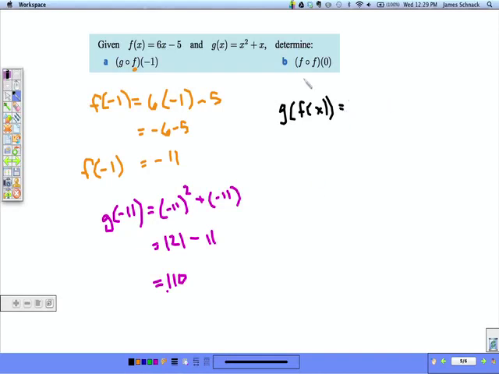So this takes function g and puts in the output from function f, which is 6x minus 5.